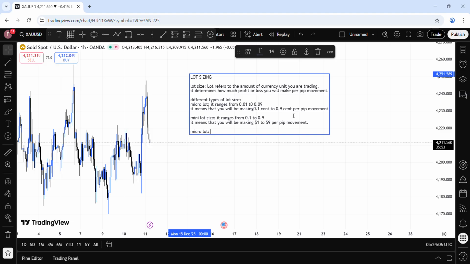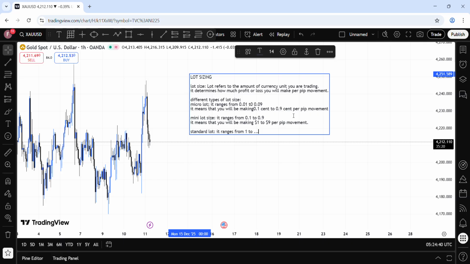And we also have the standard lots. It ranges from 1 to infinity.